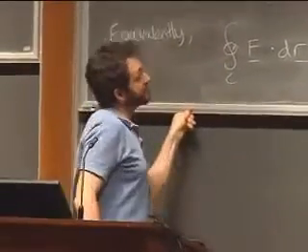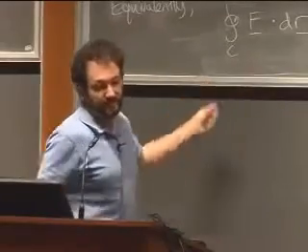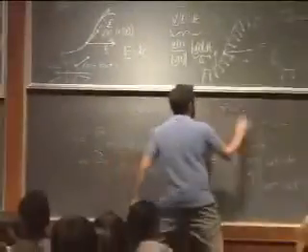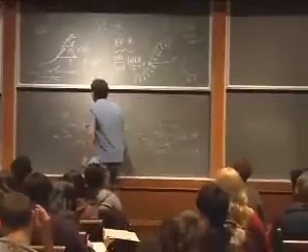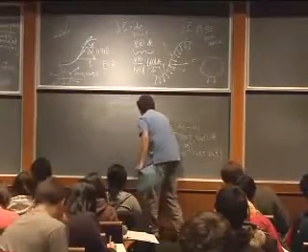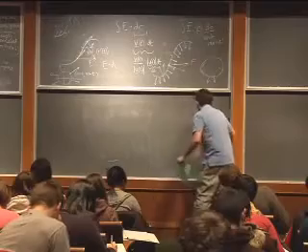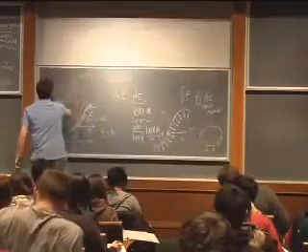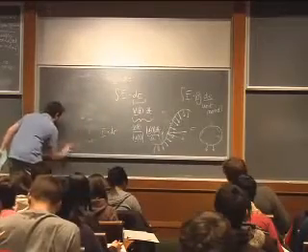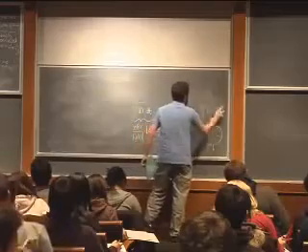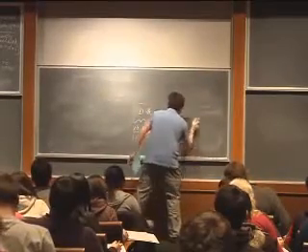Now, that's very important and very nice, but it doesn't tell you how to check that a field is conservative. And luckily, there's a very nice test, and it involves taking the curl. So what we're going to do is take the curl of the field.